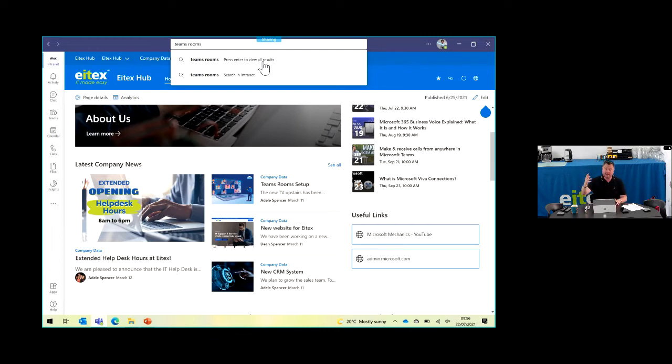It might exist in files and folders within Teams. So Teams Rooms here searches the entirety of Microsoft Teams. The same phrase here, Teams Rooms, searches the SharePoint site that you're looking at right now.